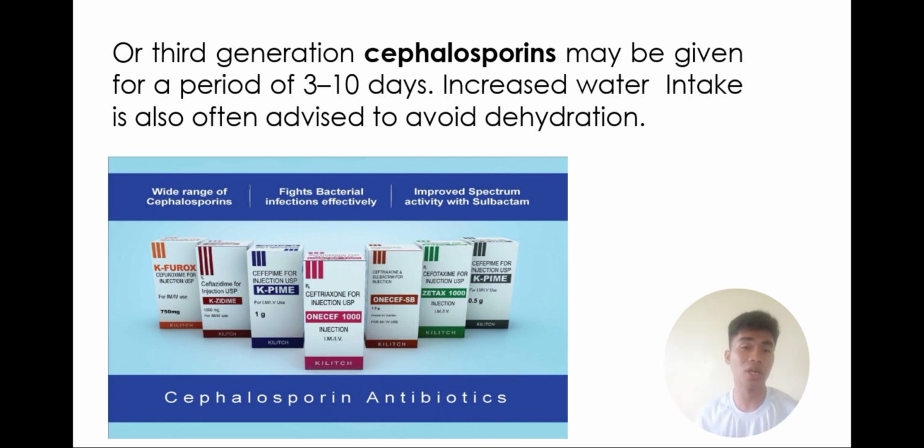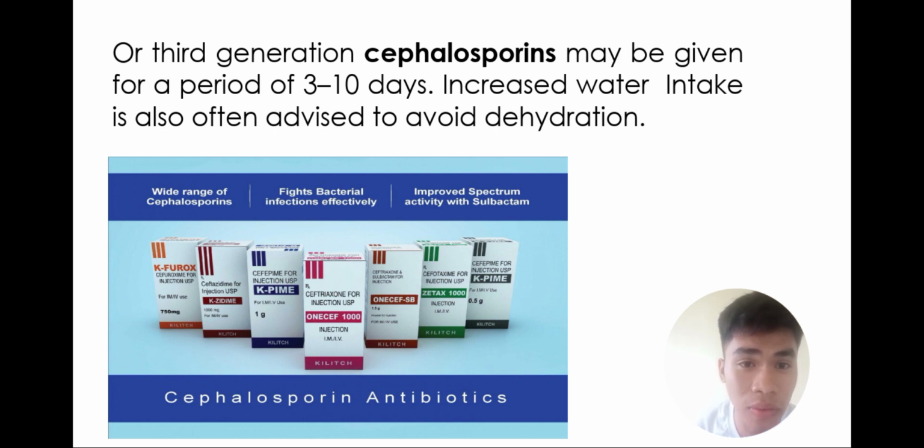Or third generation, we have the cephalosporins. This is cephalosporins, one of the antibiotics we take if we have these infections. It may be given for a period of 3 to 10 days. So we take this antibiotic for 3 to 10 days if we have symptoms of UTI. Increasing water intake is also often advised to avoid dehydration.